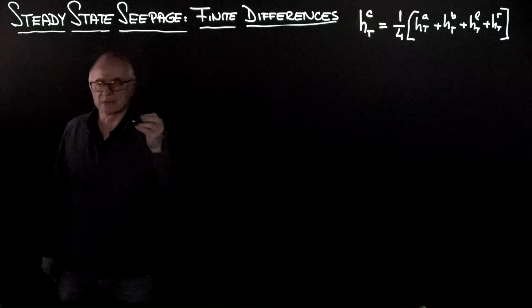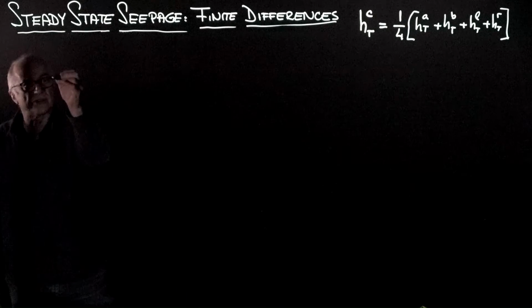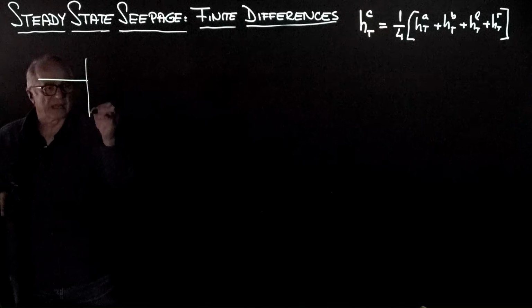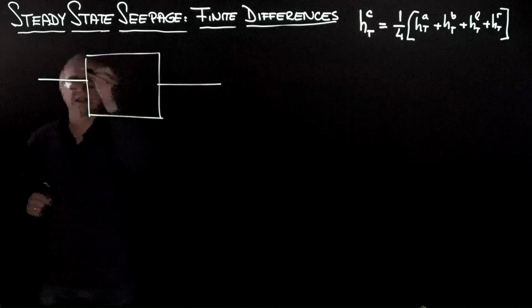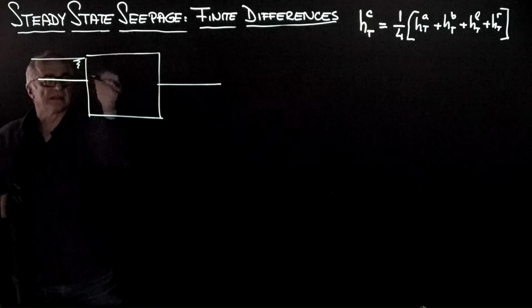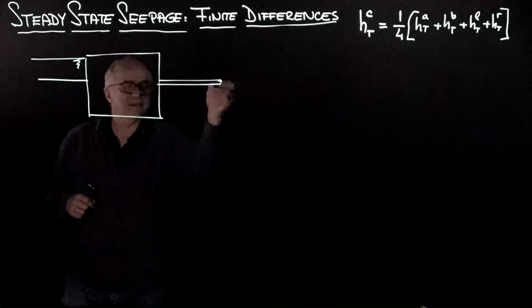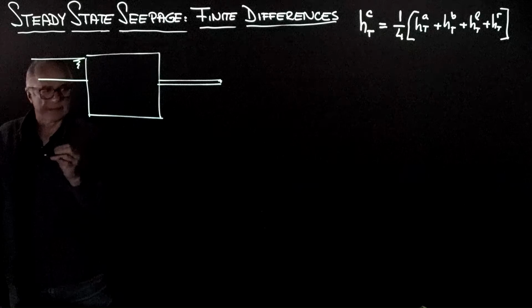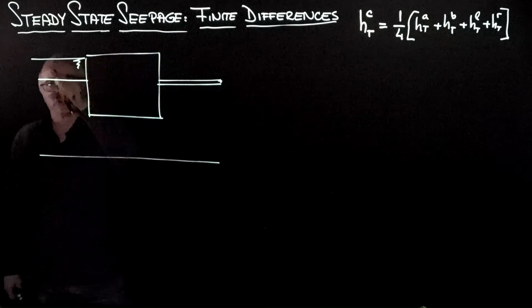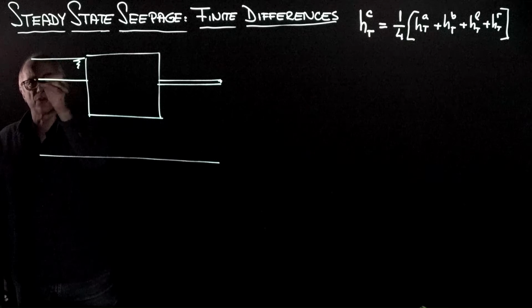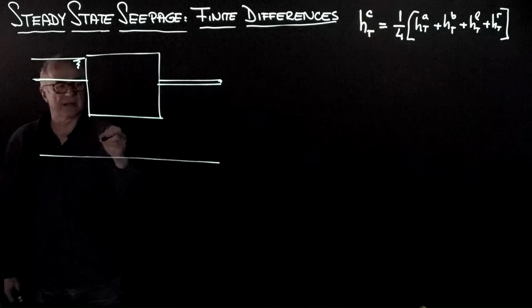So let's start with our typical problem, and we're going to say that we have a concrete block resting within the sediment with a certain head at the entrance, the piezometric head, and there is a certain elevation. So we know the total head at the entry, therefore we know the total head everywhere in this system.